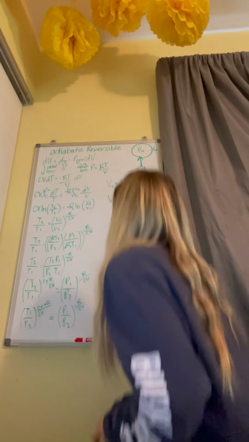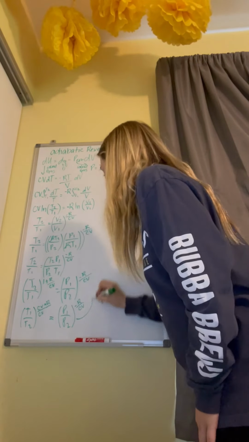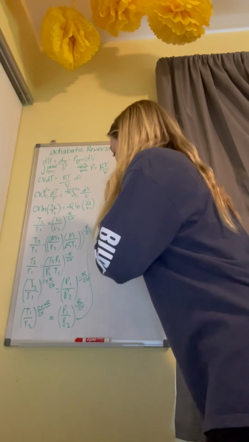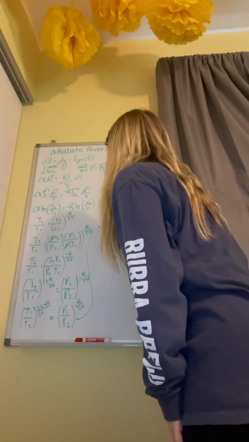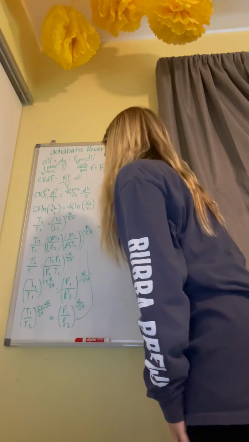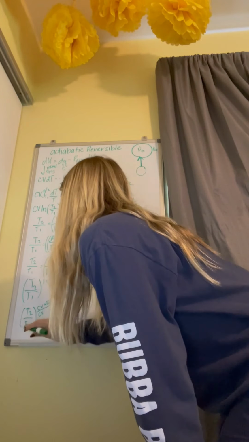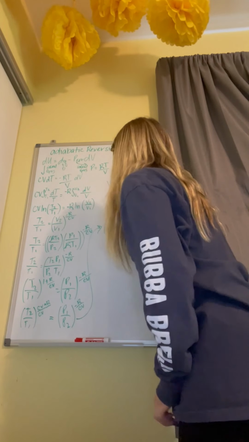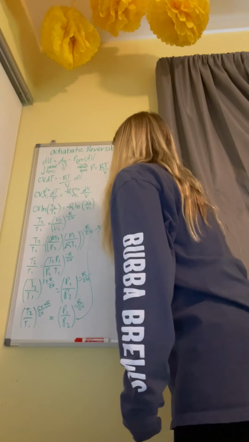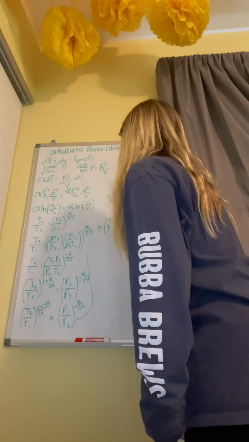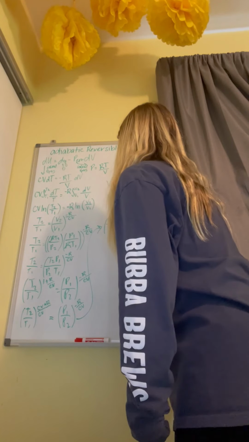So now we're going to come up here. We are going to take both sides of this. This is T2 over T1 to its power, so CV plus R divided by CV.